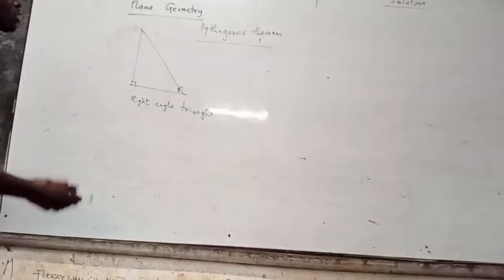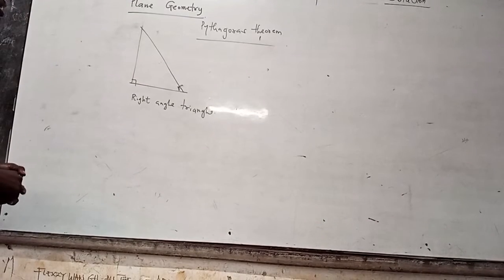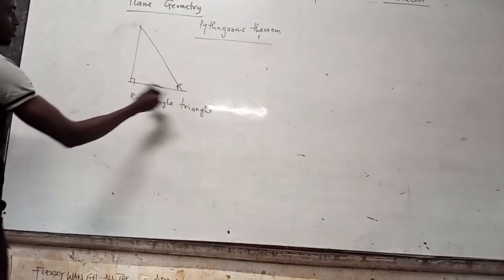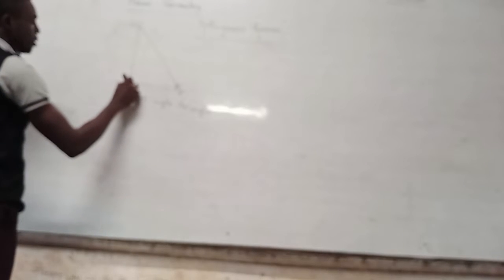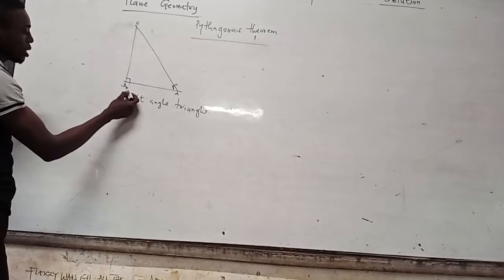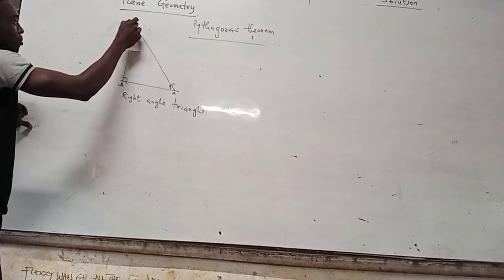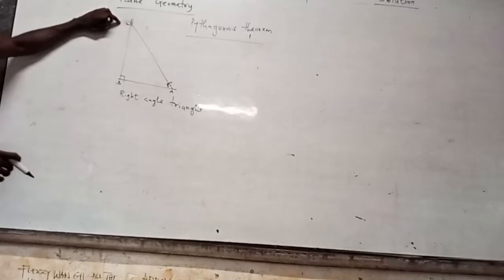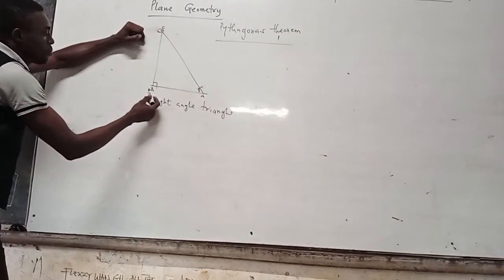So according to Pythagoras theorem, we say that if we have here to be A, B, C, someone moving from A, B to the journey of C. So the end point of his journey is from A, B, and C.